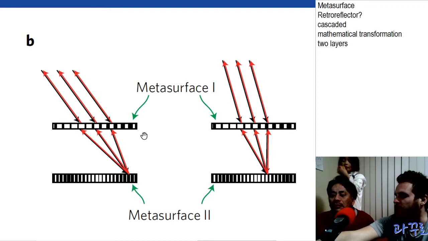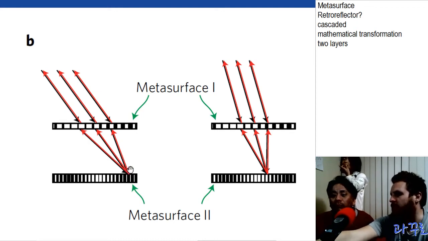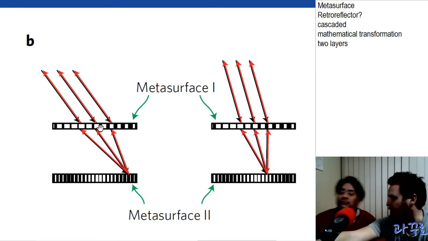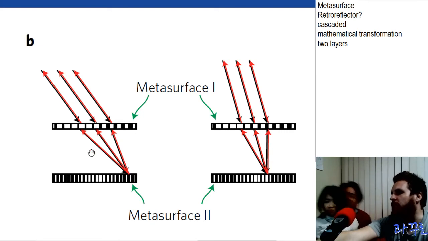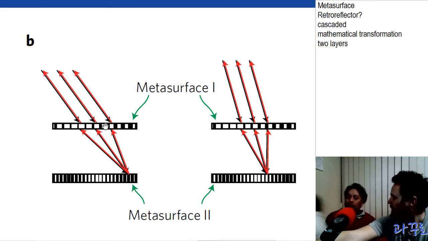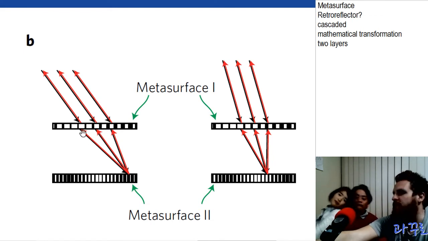So they get the same momentum transfer at this point, and then they're reflected back to the metamaterial, not necessarily to the same point. So this ray may come through here and reflect back at some point over here or over here, depending on what the momentum transfer is. But when it hits Metasurface 1, it goes through the same transform. So the difference in these angles is undone again through Metasurface 1.